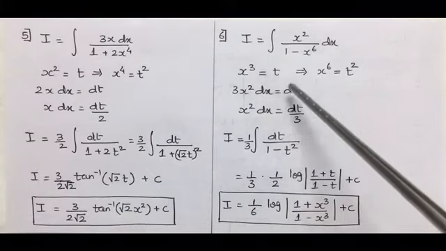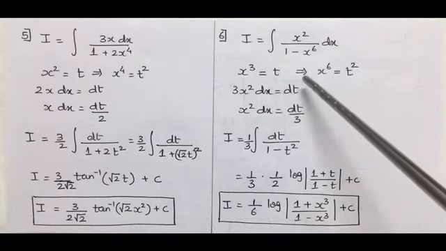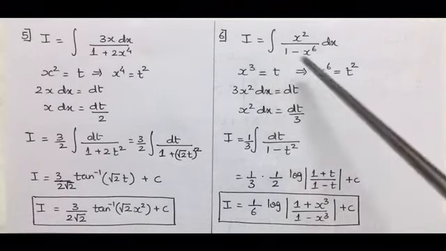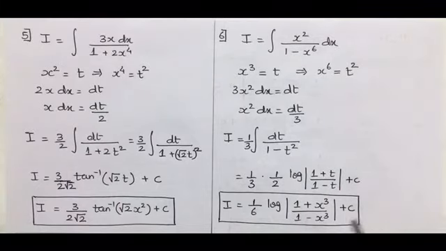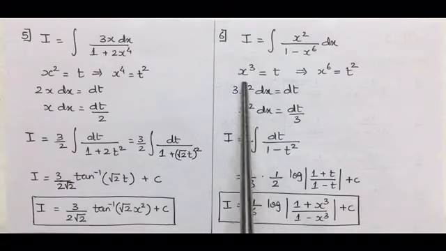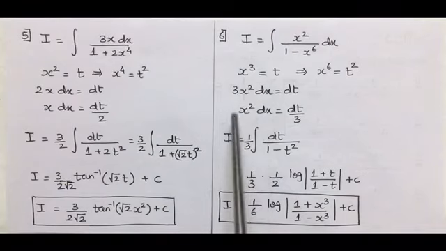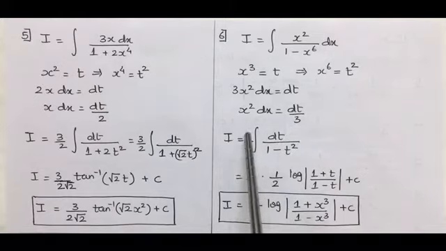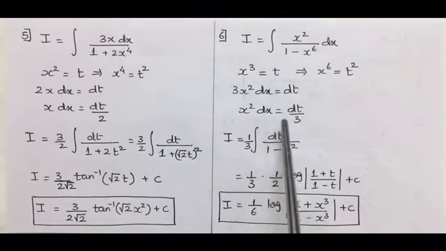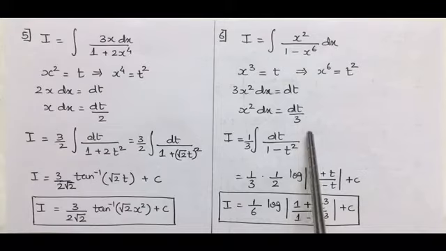So x cube is equal to t. Squaring x cube we get x raised to 6 is equal to t square. Now differentiating x cube, we get 3x square dx is equal to dt. Taking 3 to the other side, x square dx is equal to dt by 3.